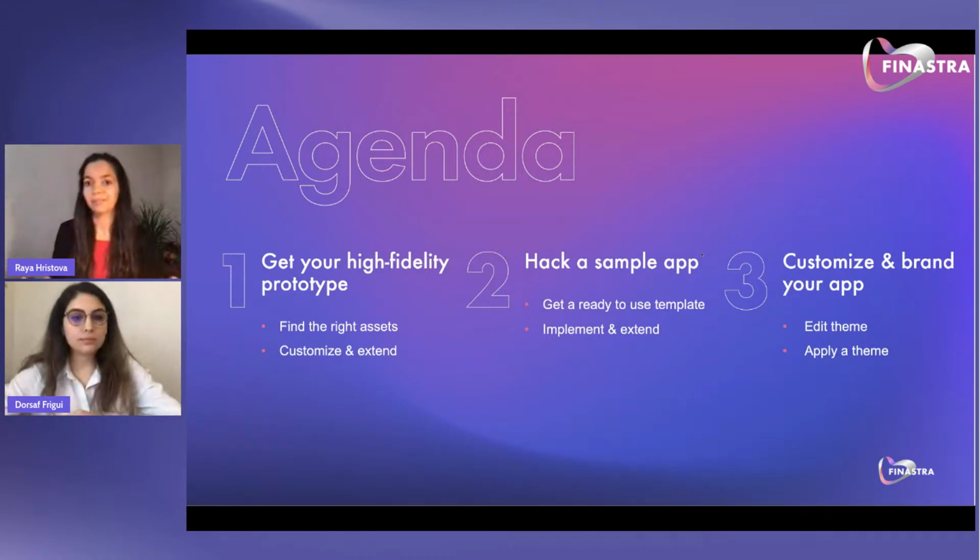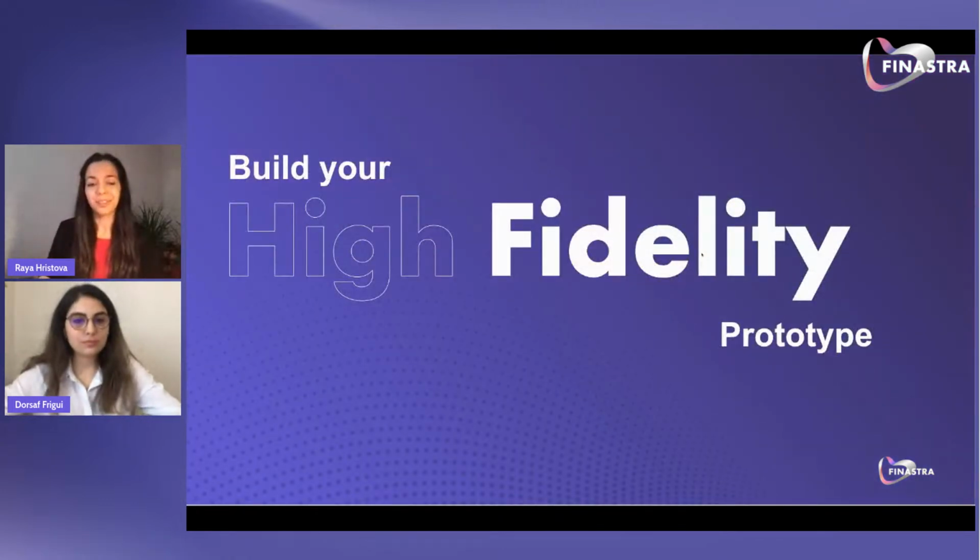Last but not least, one of the challenges is white labeling: how can I brand my application without redoing the same thing again and tailor it for a different customer need. It might be to better integrate with an existing solution, or you're targeting an existing customer, or you just want to integrate smoothly with Finastra solutions. These are the three topics, and I'm going to start with building your high-fidelity prototype.